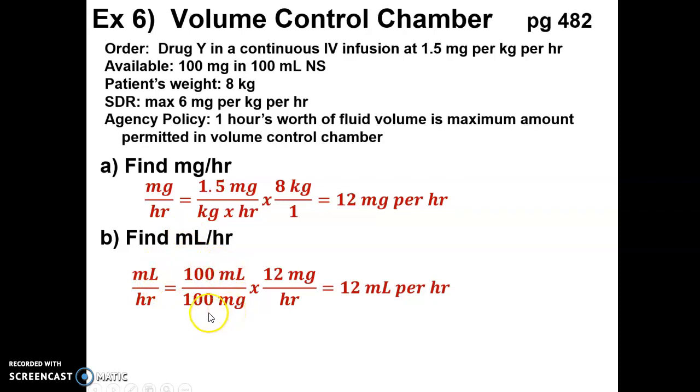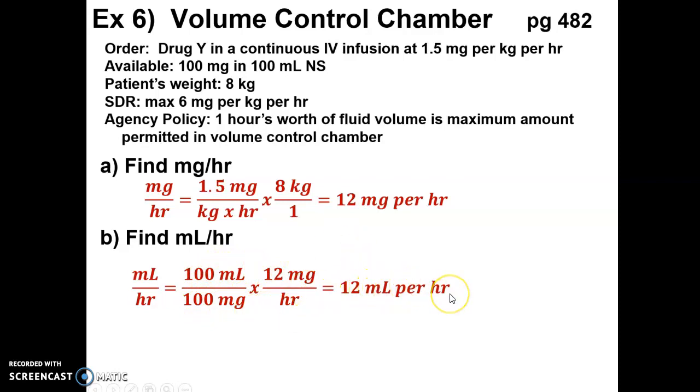And now we could technically go back to the order and pull up that 1.5 milligram per kilogram per hour, but then you're going to have to multiply by kilogram again and get rid of it. So let's just pull in our previous answer, 12 milligrams per hour. Okay, so that makes the milligrams cancel. You have milliliter on top, hour on bottom. So we're good to go. You multiply the top, you get 1200, divide by 100, and we get 12.